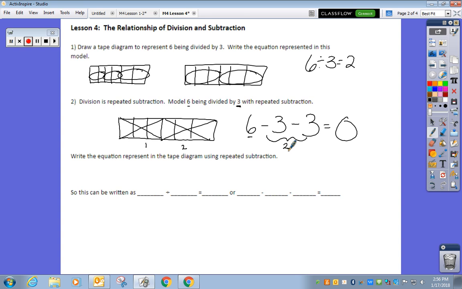So I can write this division problem as 6 divided by 3 is 2, or 6 repeatedly subtracted by 3 is 0, and it's repeatedly subtracted 2 times.